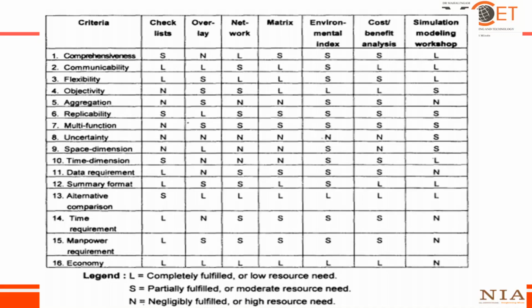That you will have to choose the method. You cannot go by the generalized number of N's and number of L's. We cannot decide this method is the best for all the projects. We cannot take such a view, right? So it depends on the project, depends on the parameters involved, and then you'll have to look at the pros and cons of each method and then choose the best method for your particular analysis.